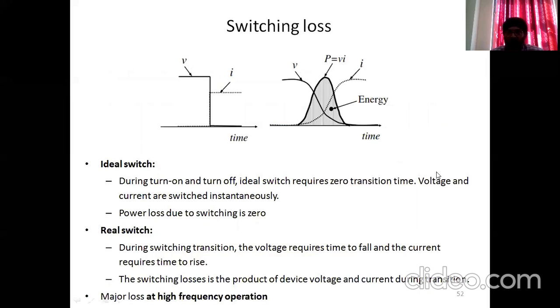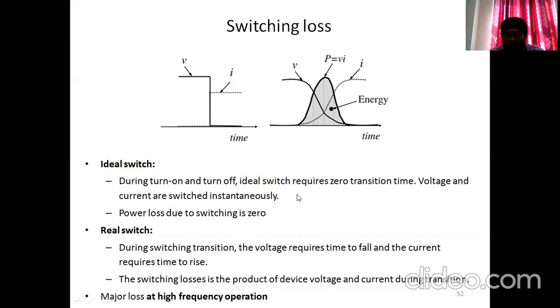Now the third type of loss is, first was the on-state loss, conduction loss. Another one was the blocking state loss, which is the off-state loss. Now the third one is in between turning on and off or turning off and on: switching loss. The switch can be transitioned from on to off or off to on. So that transition loss is a switching loss.